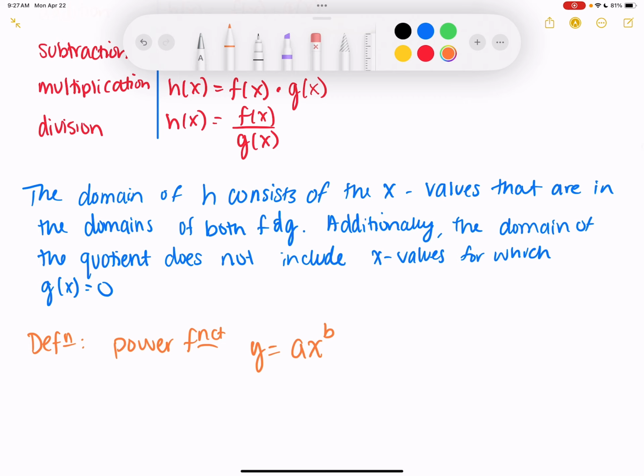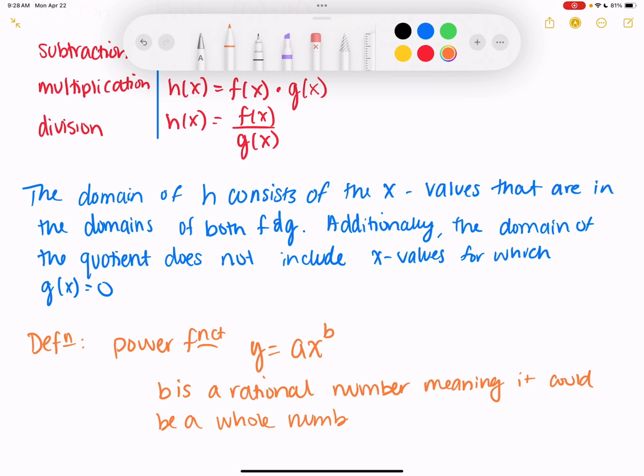B is a rational number, meaning it could be a whole number or a fraction. And that'll just work like the stuff we did in the last section.